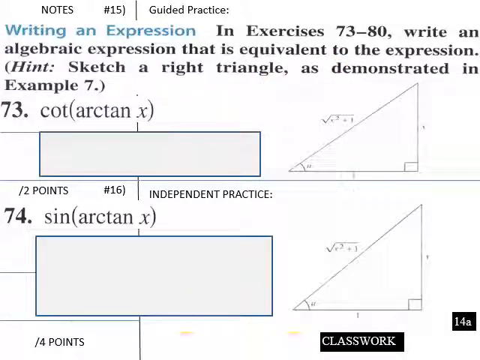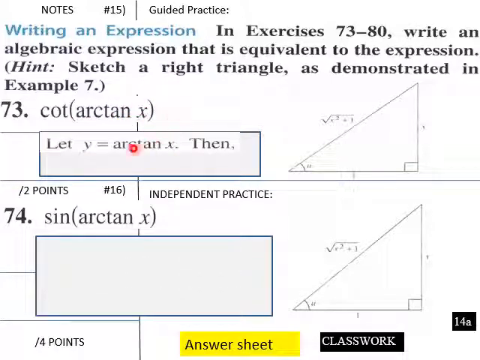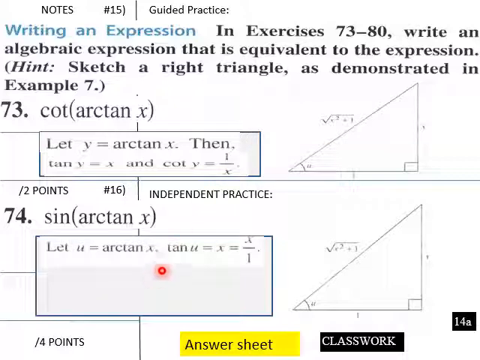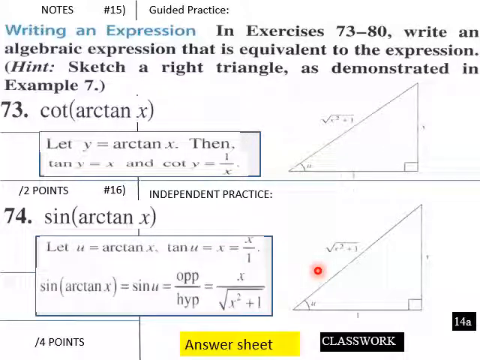So let's try an example now from that. Sketch a right triangle as demonstrated in example 7. Cotangent of arctan x. Let y equal arctan x, then tan y equals x, and cotangent y equals 1 over x. Same thing down here.